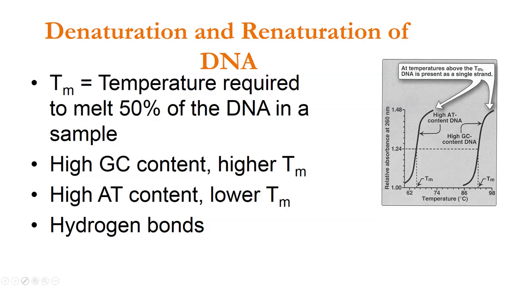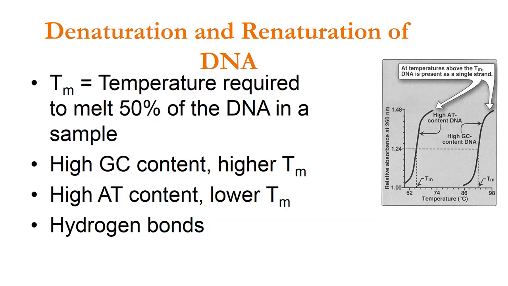Okay, so this property of being able to separate DNA allows us to assign a value to it called the TM. The TM is defined as the temperature required to melt 50% of the DNA in a sample. When I say melt, that means to break 50% of the hydrogen bonds available in that sample.